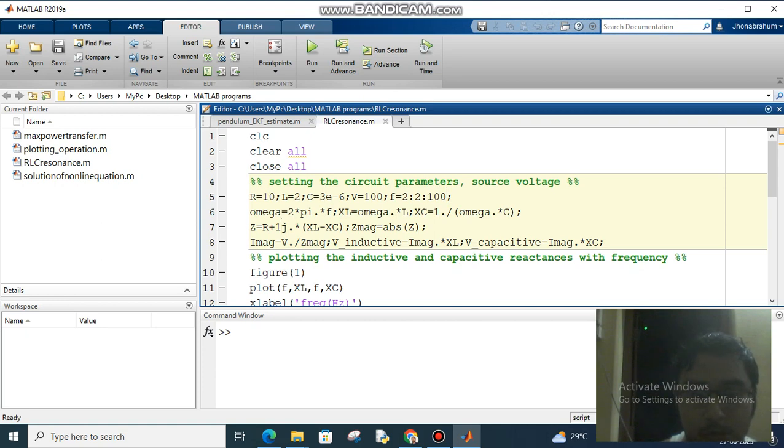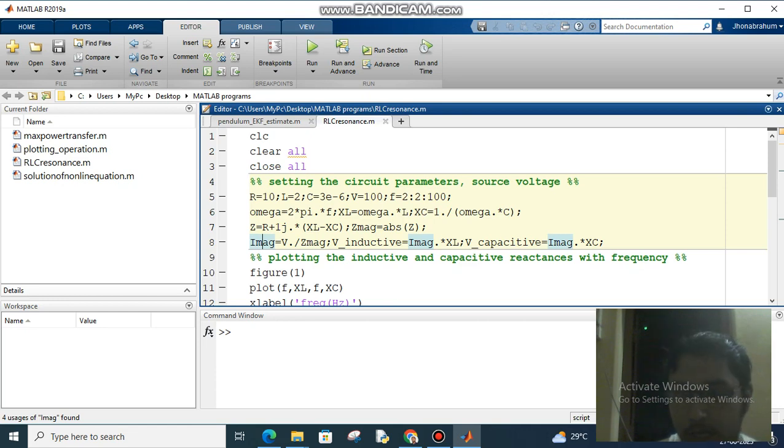Now we derive the necessary formulas: omega equals 2 pi f, the inductive reactance omega times L, and the capacitive reactance. After that we calculate the impedance of the overall circuit, then estimate the magnitude, and then calculate the current flowing through the circuit.